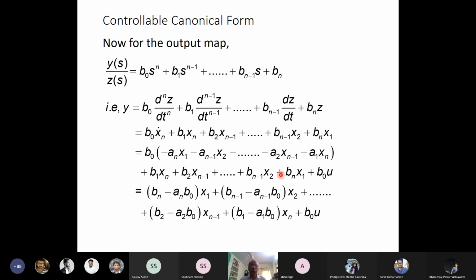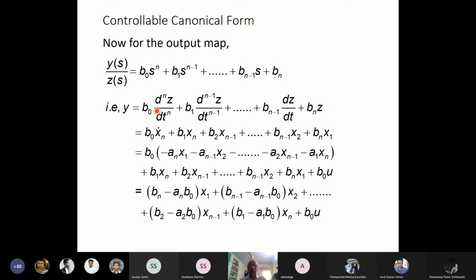Now for the output map, we have Y(s)/Z(s) equal to the equation that we have already separated out. So y will be in terms of a differential equation: y(t) will be b0 times the nth derivative of z plus b1 times the (n-1)th derivative of z, continuing till b(n-1) times the first derivative of z and then bn z.